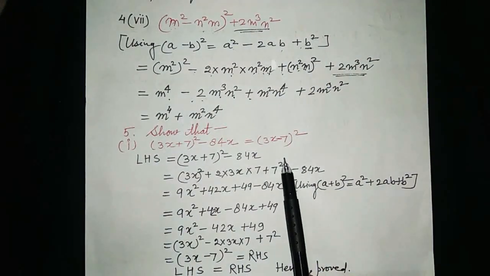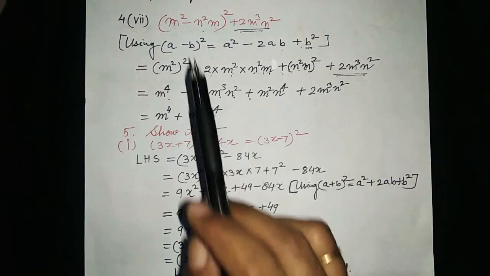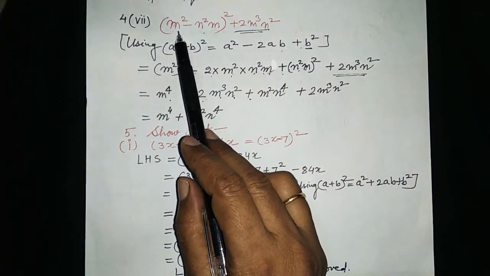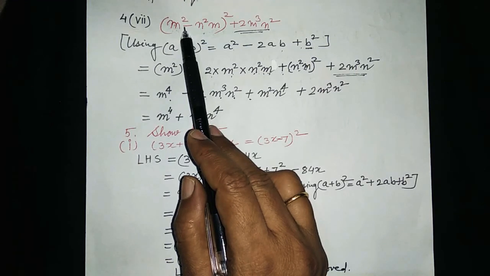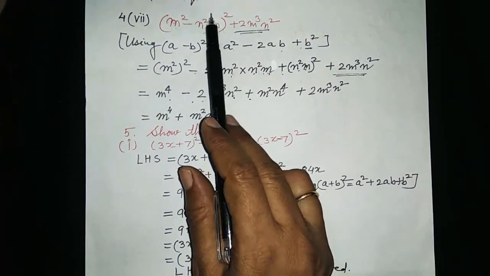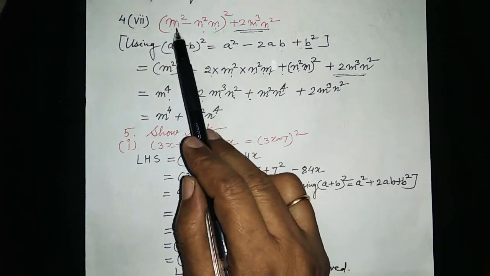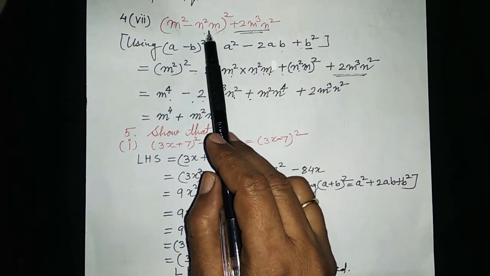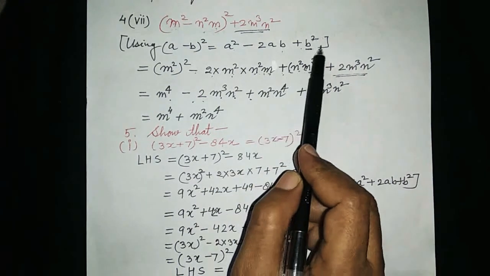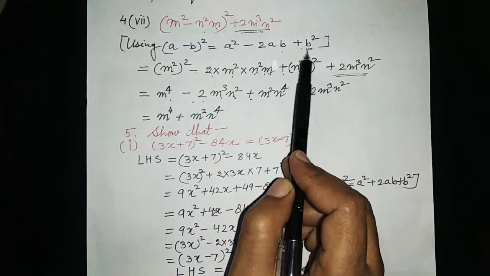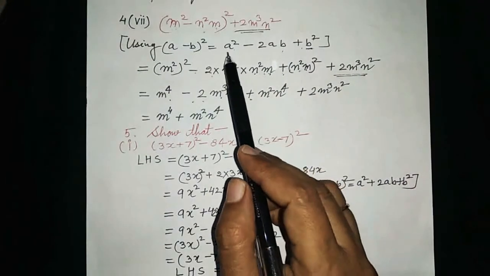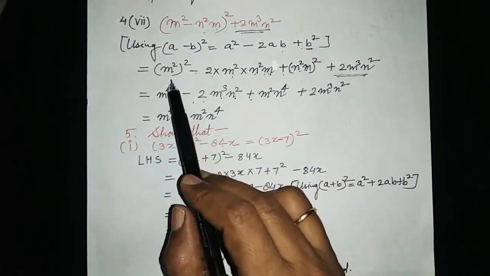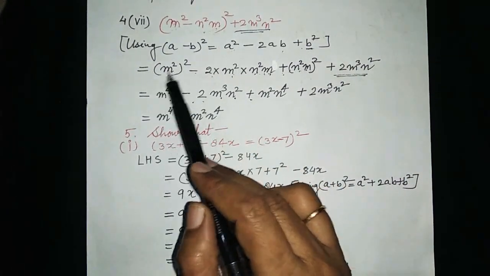Now we have to think about what is a in this question and what is b. So what is a? a is m square. And what is b? b is n square m. Now we will put the values of a and b on the right hand side of the identity which we are going to use. So for a we will write m square and then this square we will put.